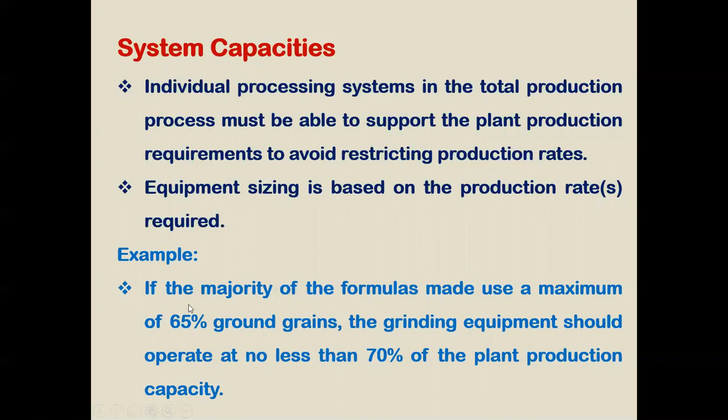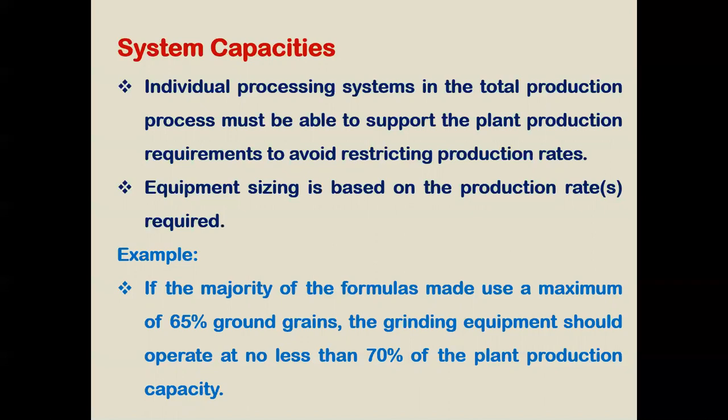One example you can see here: if the majority of formulas being made use a maximum of 65% ground grains, the grinding equipment should operate at not less than 70% of the plant production capacity. So it depends on the type of ingredient, which kind of ingredient you are using in the feed processing or production of the finished good.